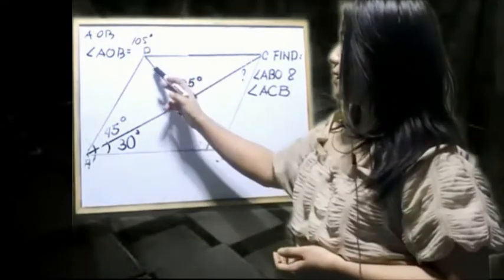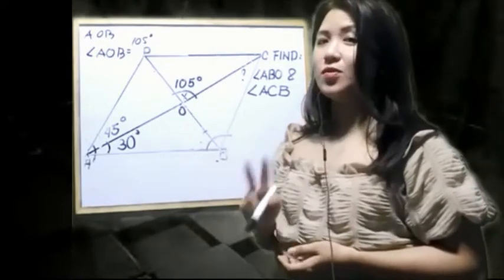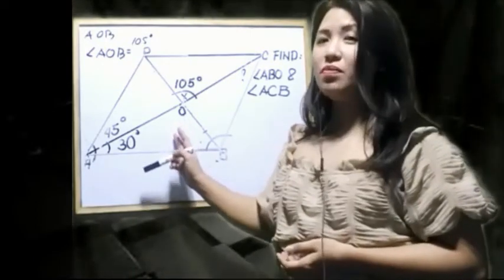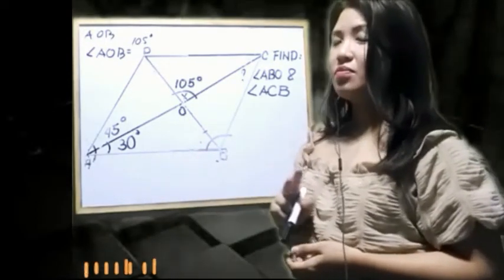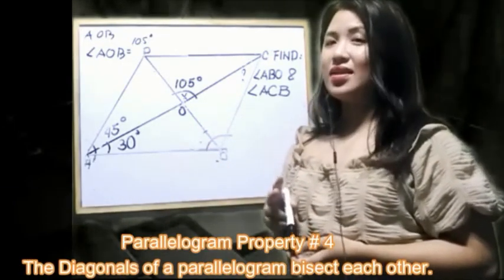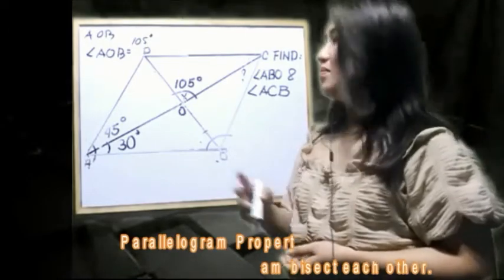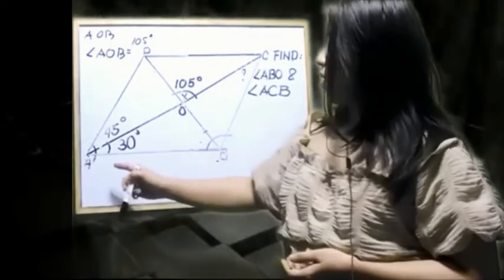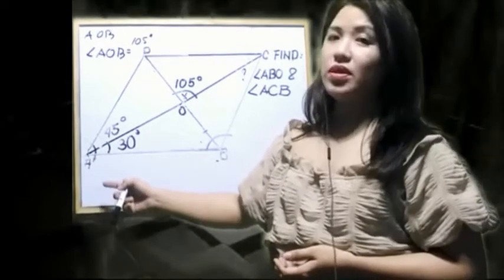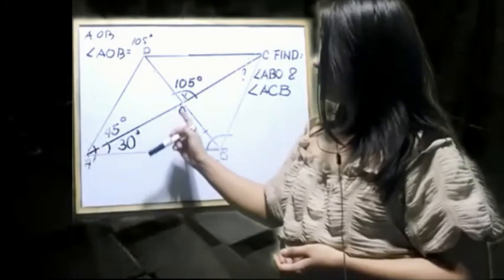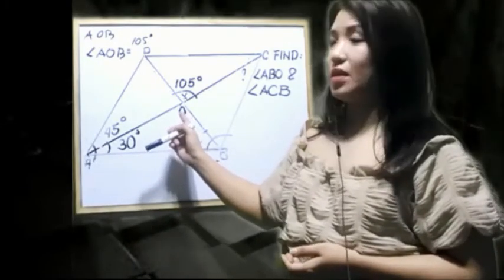And as you can see on the figure, I have here two diagonals. So you already have an idea that we will be using the fourth property of a parallelogram that says the diagonals of a parallelogram bisect each other, like this one. Alright, so our given measures provided by the problem: let's use three letters to name the angle.